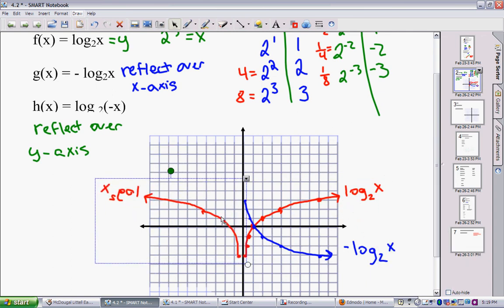And it goes the other way. So this is the graph of log base 2 of negative x, going the other way.